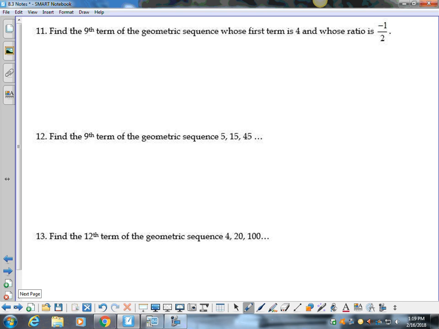Okay, find the 9th term. So I want A sub 9. My first term is a 4. My common ratio is a negative 1/2, so getting smaller and going to alternate signs. To the n minus 1, so this would be 8.